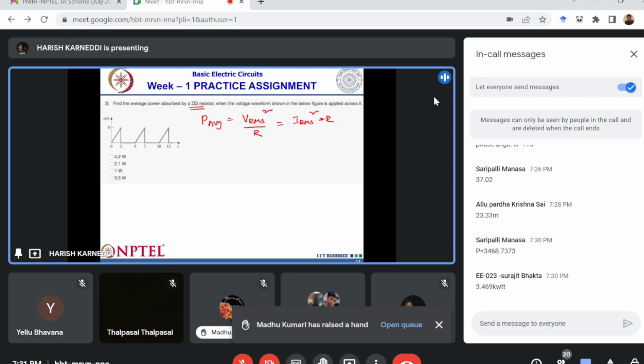From this voltage waveform, we have to find the RMS voltage. Vrms equals square root of 1 by T integral of 0 to T V of t square into dt, right?